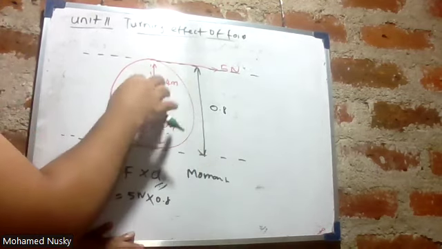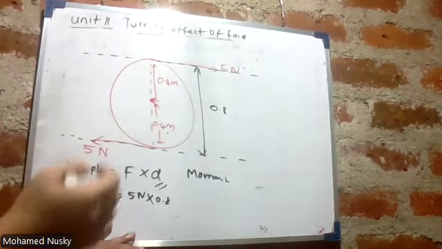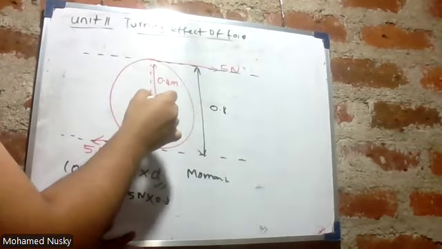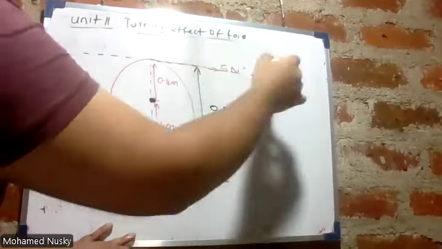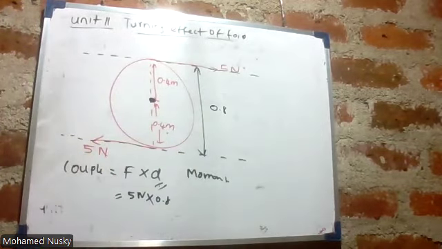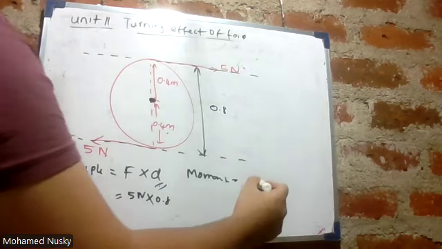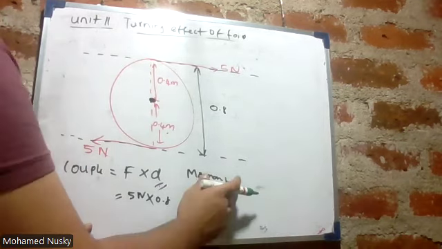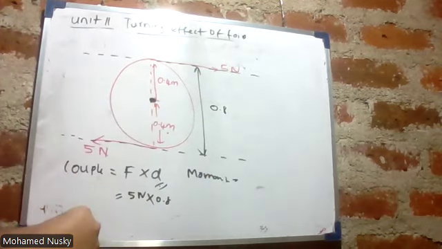Now here we have the object. In this object, 5 Newton in this direction, 5 Newton in this direction. From the center, this is the axis of rotation. So they have asked the moment of this couple. Now you can see whether this is the clockwise moment or anti-clockwise moment.